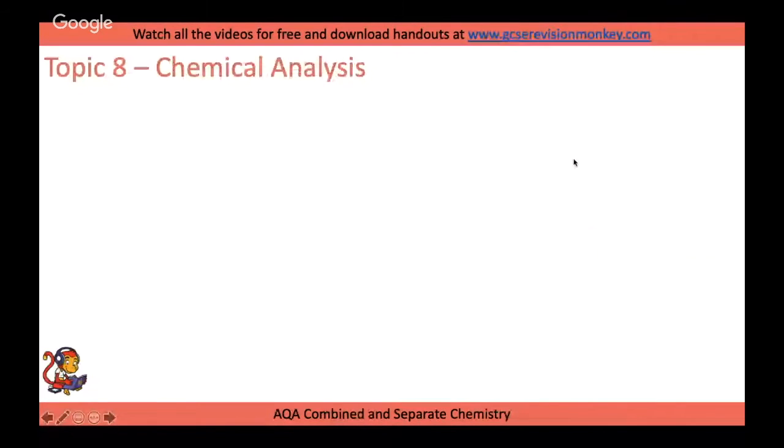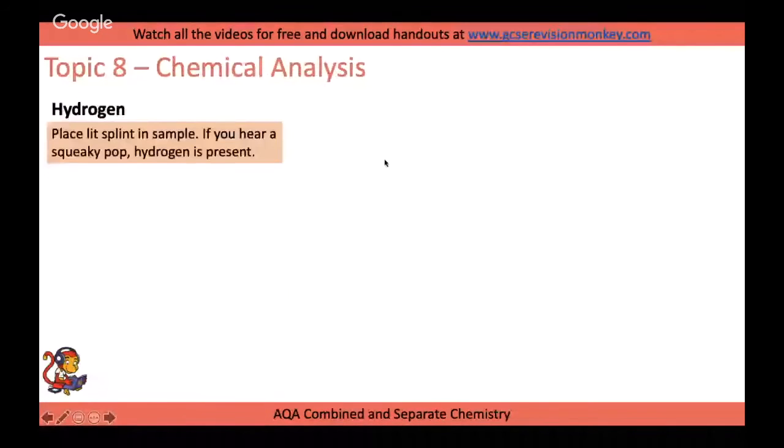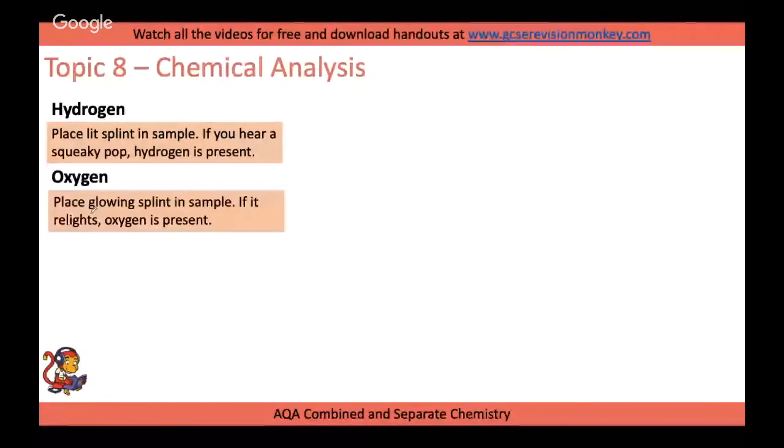So, chemical analysis. You need to know the test for some different gases. Hydrogen is one. If you put a lit splint in the sample and hear a squeaky pop, that means you've got hydrogen present. For oxygen, if you place a glowing splint in a sample, so you've lit it up and then blown it out so it's glowing slightly, it will relight if oxygen is present. Carbon dioxide, we should hopefully know this one.